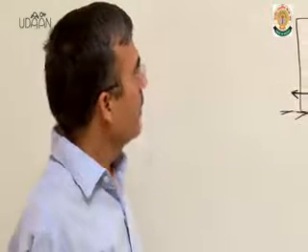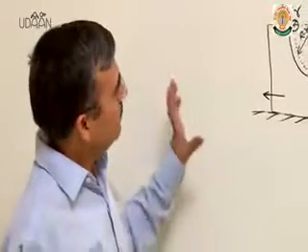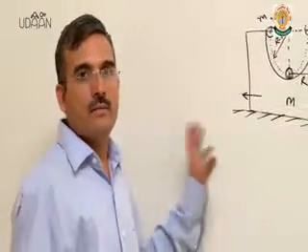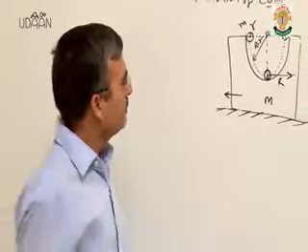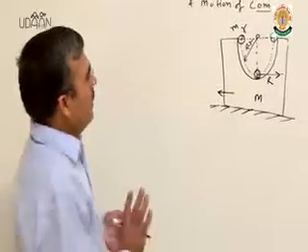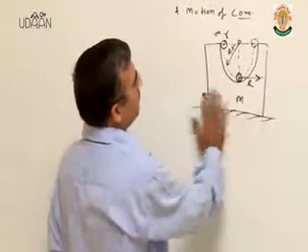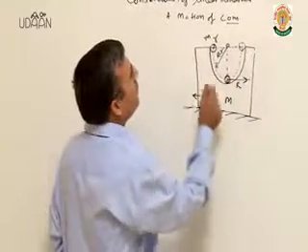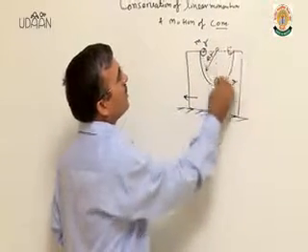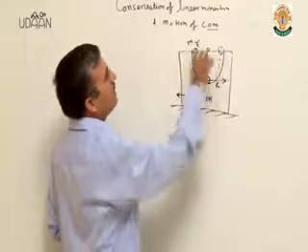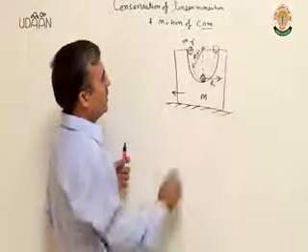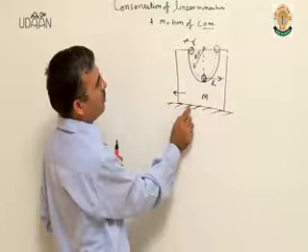Let us take one example of conservation of linear momentum and center of mass related. It is a bigger block, capital M block, and there is a horizontal track of radius capital R. All the surfaces are smooth. This surface is also smooth.